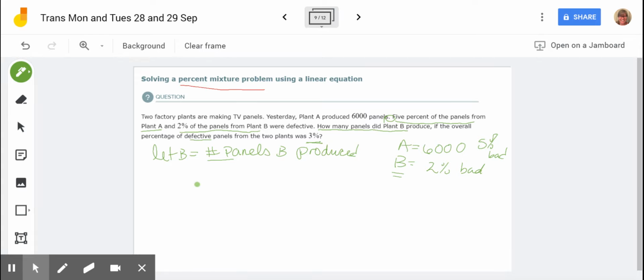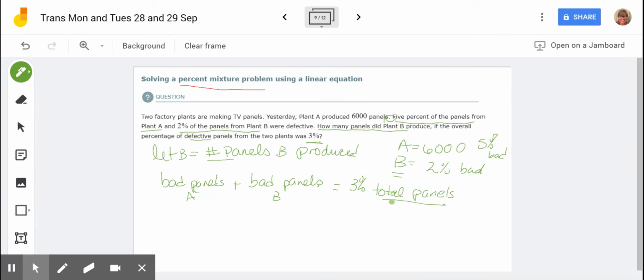What it means is that defective, let me use the word bad because it's easier to write, bad panels from A plus bad panels from B is going to be equal to 3% of the total panels.